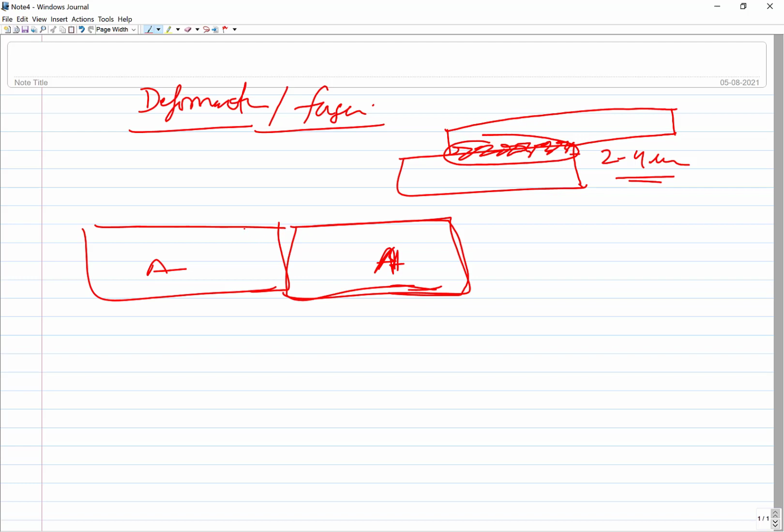So forcefully you deform the metal in a controlled way, meaning the edges of the components to be joined are deformed in a controlled way so that the flow of the metal from one side to another takes place with thorough mixing, like this.